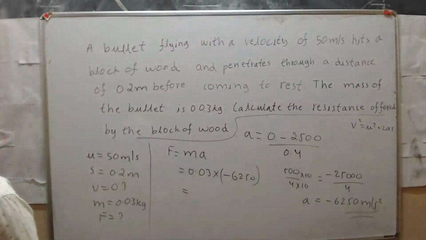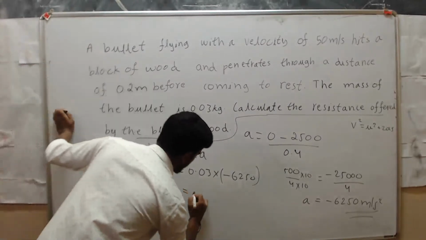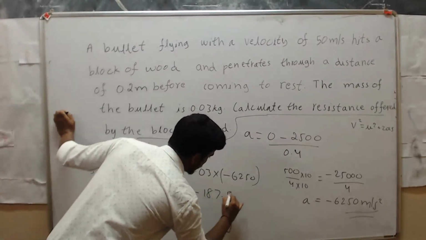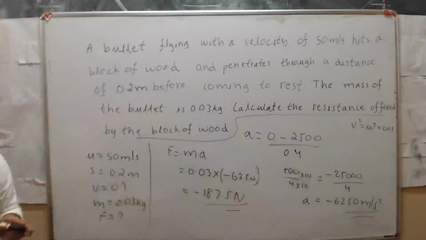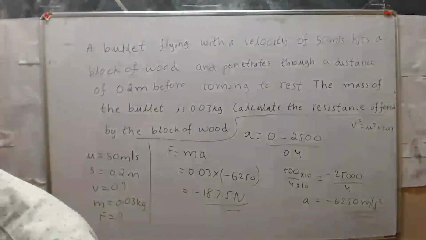So F is equal to minus 187.5 Newton. Correct. The answer is minus 187.5 Newton. Exactly right.